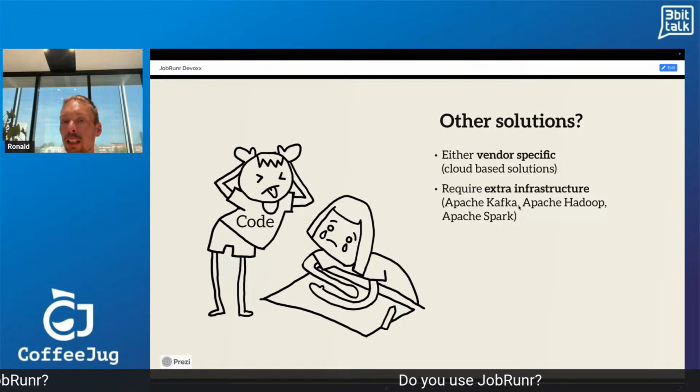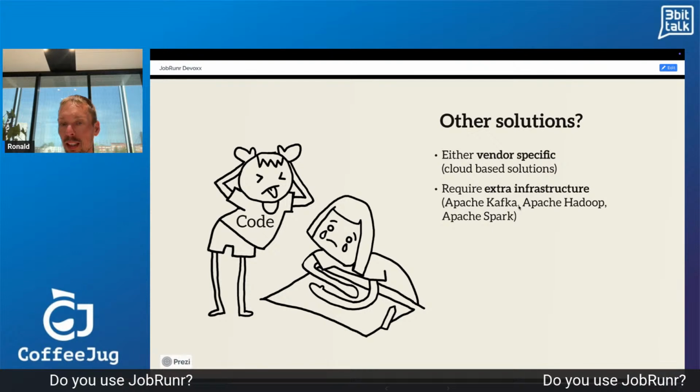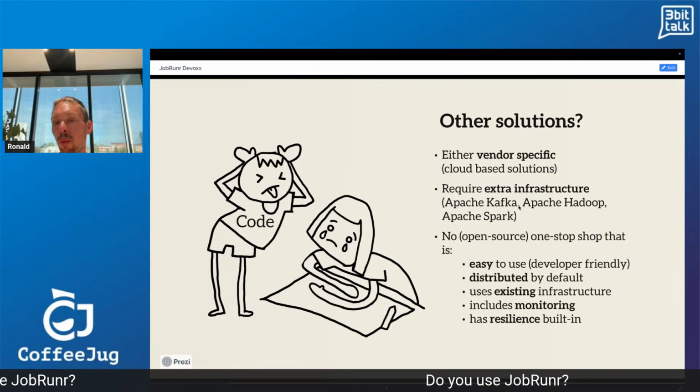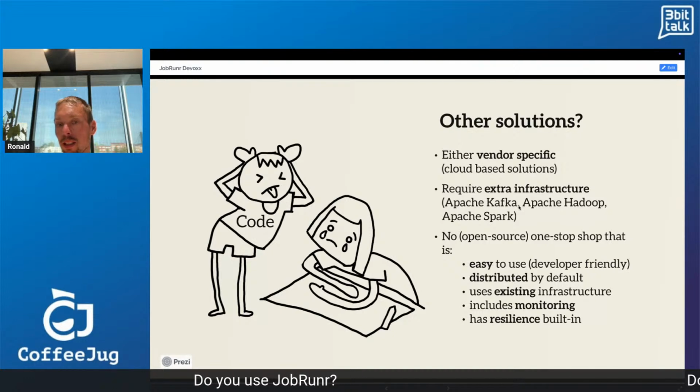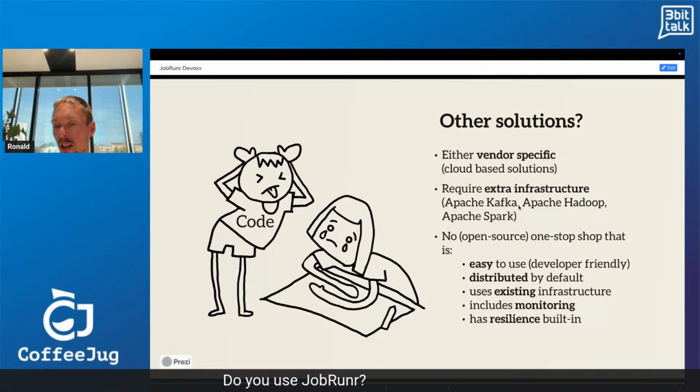But back then, installing Hadoop FS was not that easy. And there was, from my point of view, no open source one-stop shop that is easy to use, distributed by default, that uses your existing infrastructure, so also your existing database, that includes monitoring, and that has resilience built in.